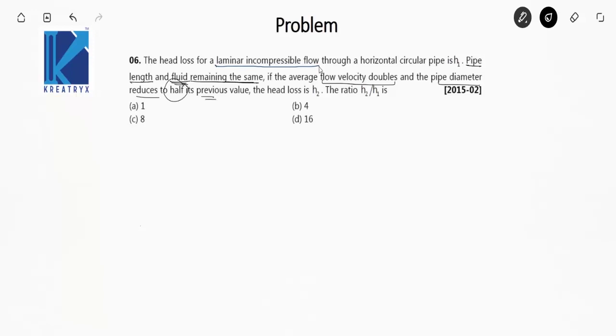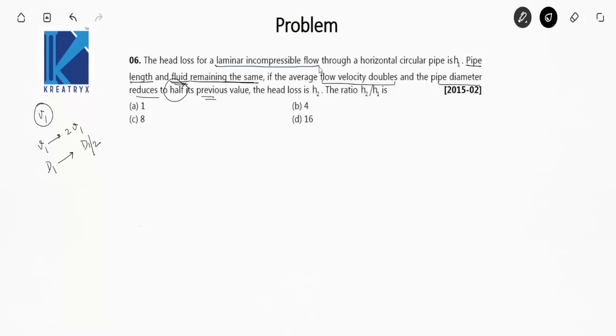So let us assume in the first case the average velocity is V1. In the second case the average velocity is twice V1, and if in the first case D1 is the diameter, in the second case it will be D1 by 2.